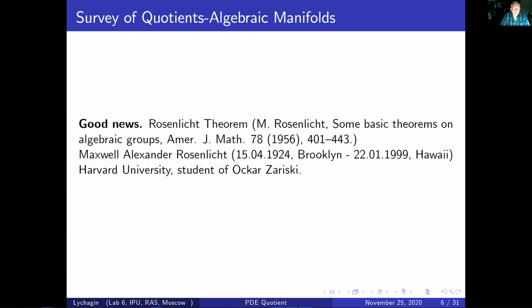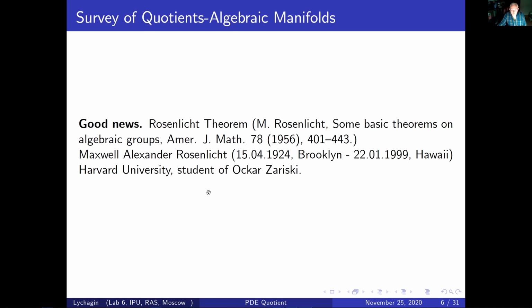Okay, now the first nice news, or good news, in this story: the so-called Rosenlicht-Lychagin theorem. I will just give some biographical remarks about Rosen-Lychagin. For me, it also was a surprise that he lived up to 1999, so practically to our time.